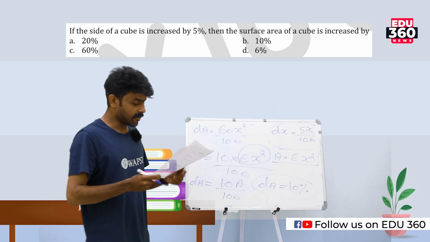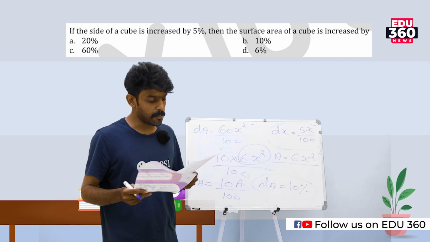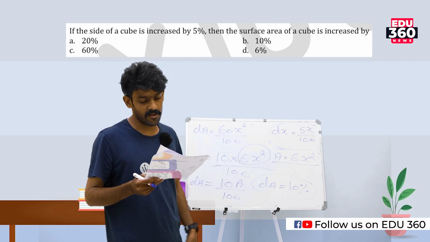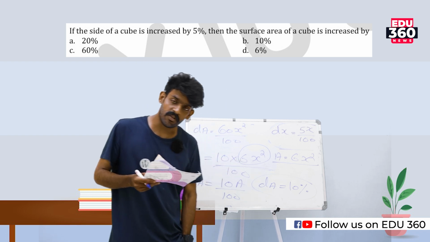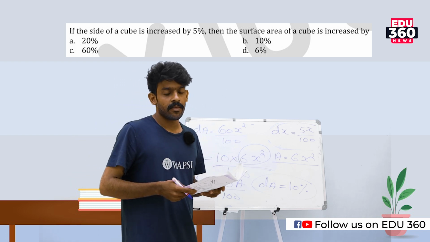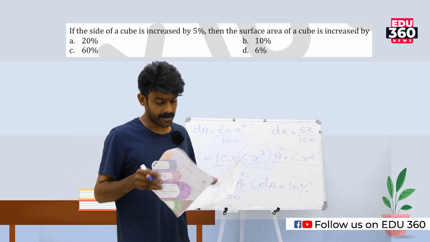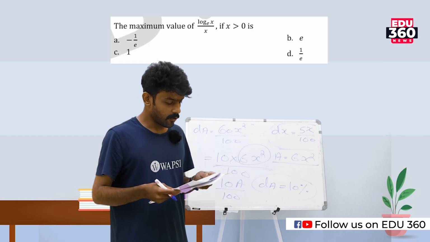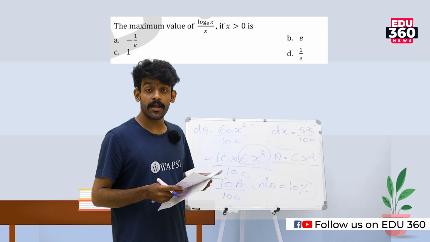So this is the final answer. For this question, option B is the correct answer. You can see 20%, 10%, 60%, and 6%, so 10% is the correct answer. Hereafter we can move on to the next question.